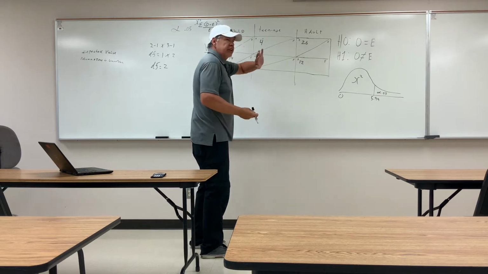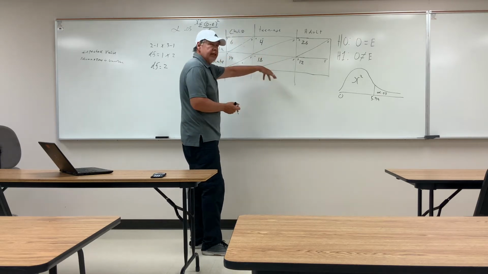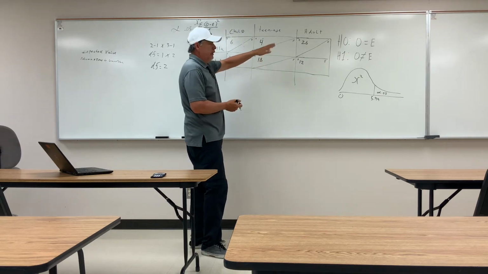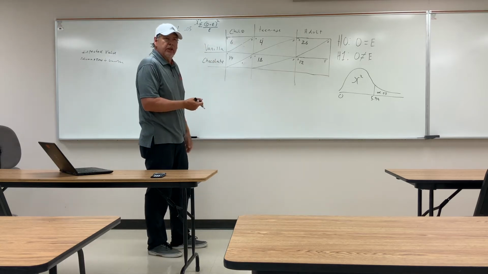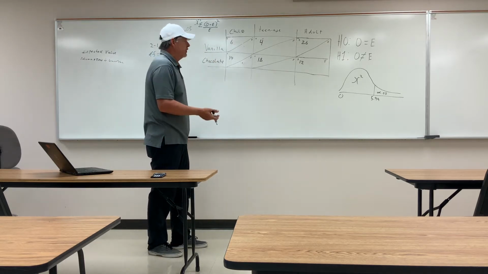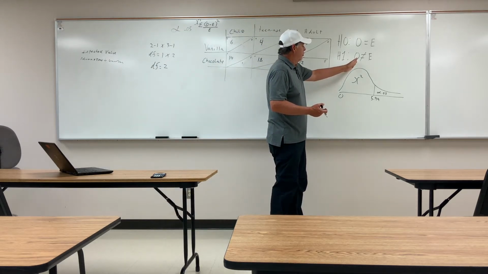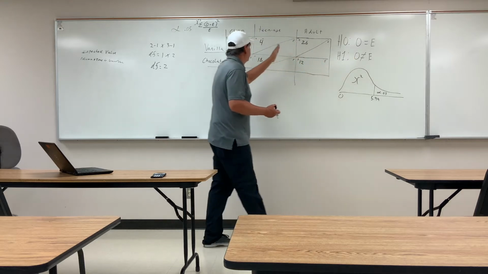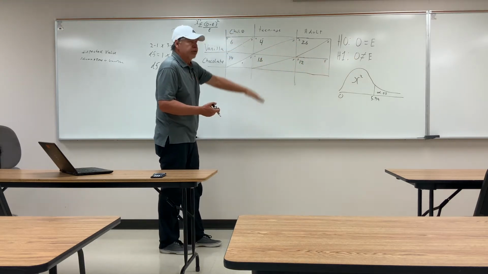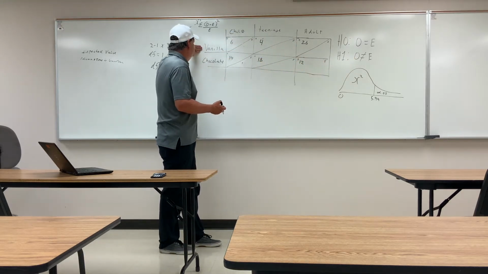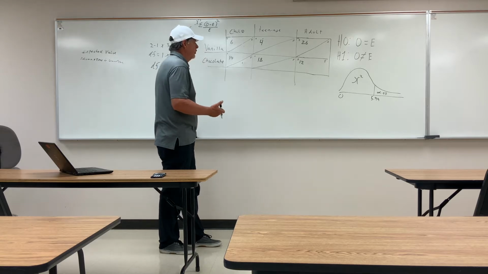So I'm not making a claim that as we age, our taste preferences change. What I'm saying is that there is a difference between the expected values of these 3 categories with preferences to vanilla and chocolate ice cream.